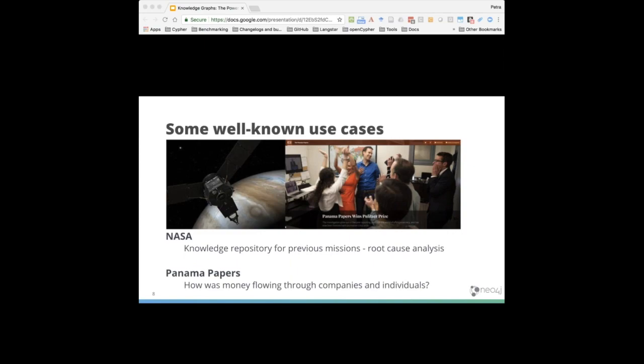The second case, I'm sure most of you heard a lot about this last year in particular, Panama Papers, and as you can see, they won the Pulitzer Prize last year. And this essentially was tracking where money was flowing. And as you recall, this was the leaked data from Mossack Fonseca, in which various organizations and individuals were evading tax. And as you probably recall, many newsworthy items and investigations came out of there.